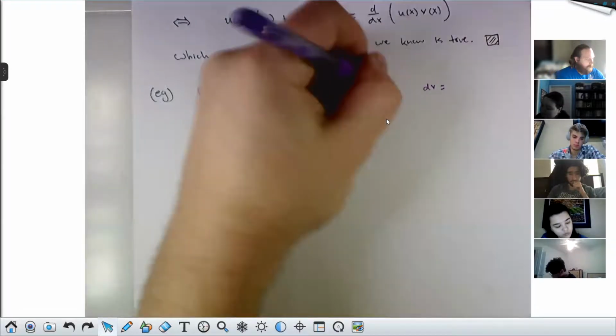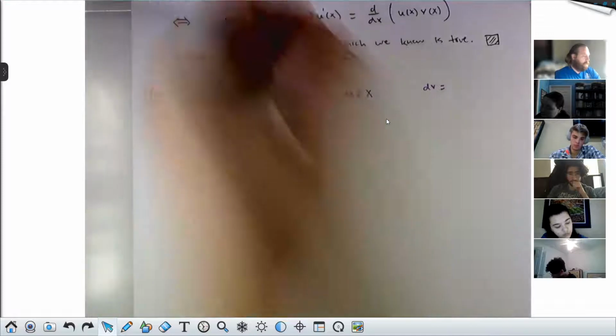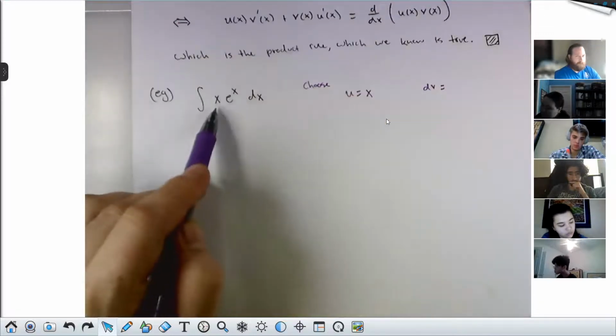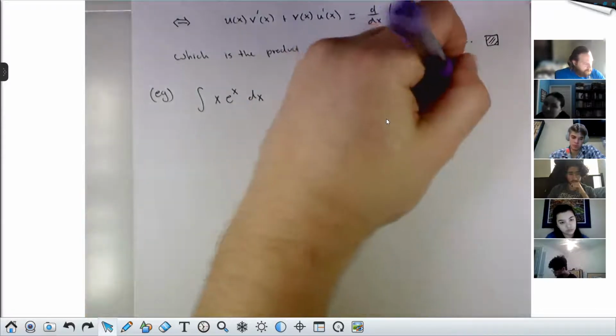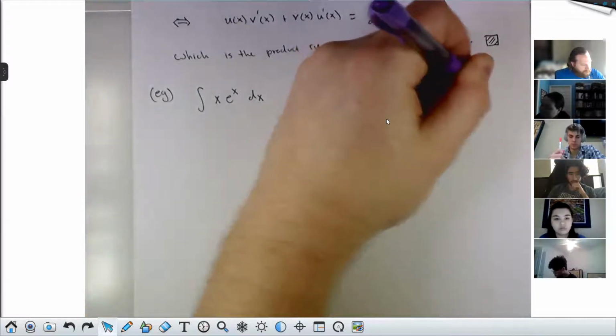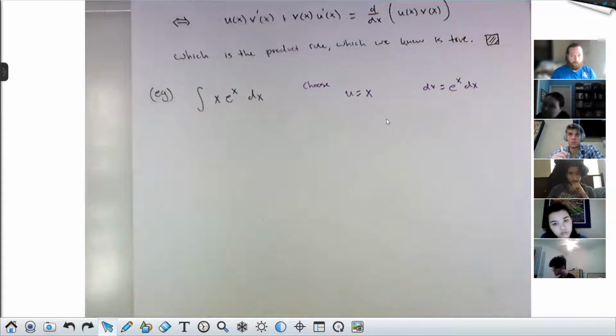Now I'll explain how I make this choice later. But I'm going to choose this piece to be u, and I'm going to choose e to the x dx to be dv. We're not making a substitution. I want to be clear about that. It's a shame that we use the letter u when we talk about substitutions so often, but this is not a substitution. This is something very different.